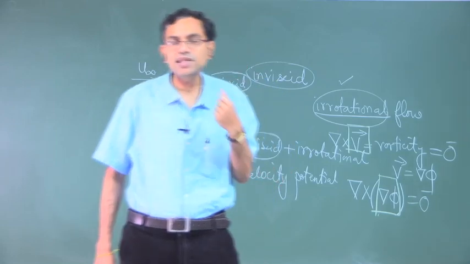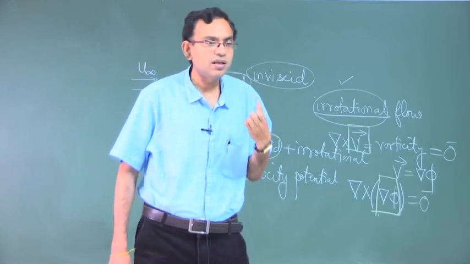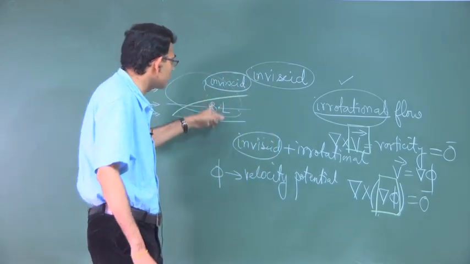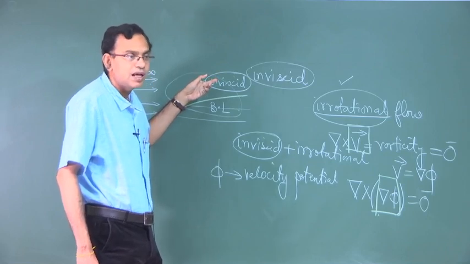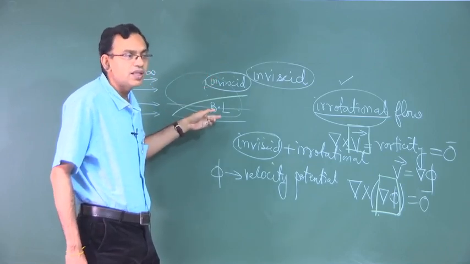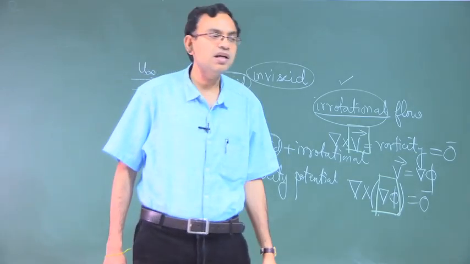Therefore, analysis of inviscid and irrotational flow is required to get the velocity and pressure distribution outside the boundary layer, and that pressure distribution outside the boundary layer is imposed on the boundary layer to get the wall shear stress and so on.